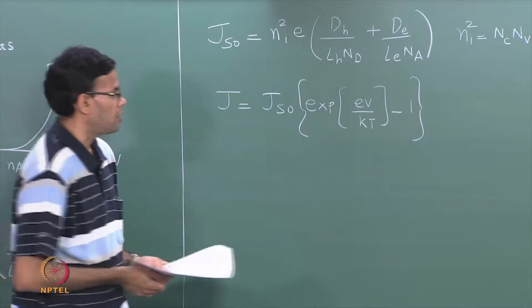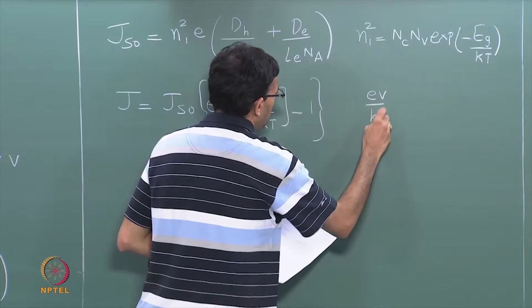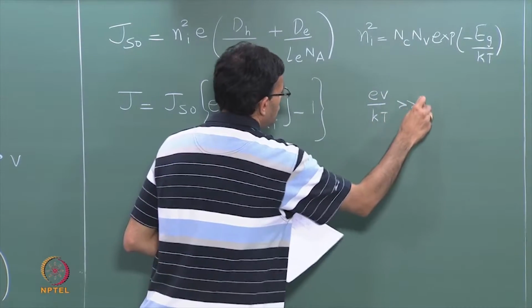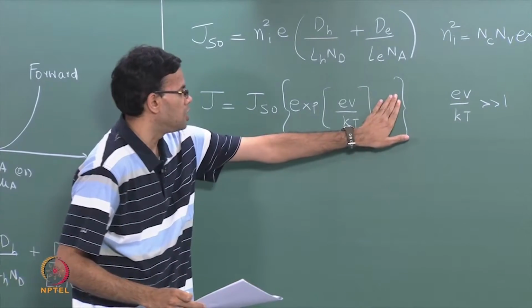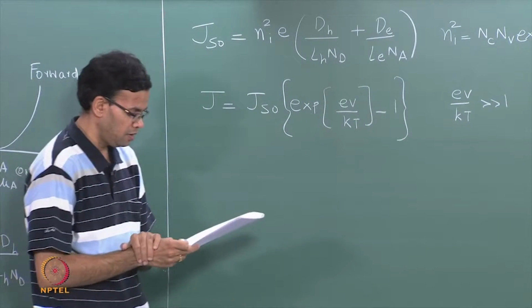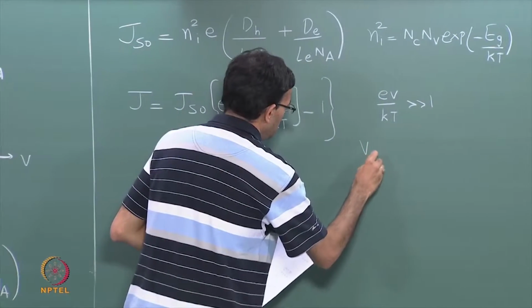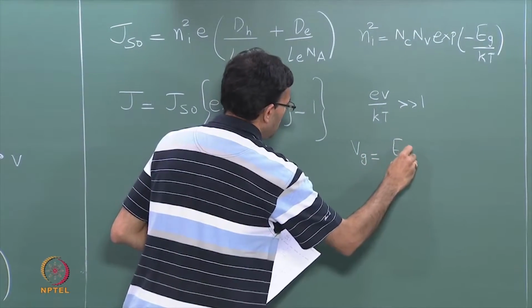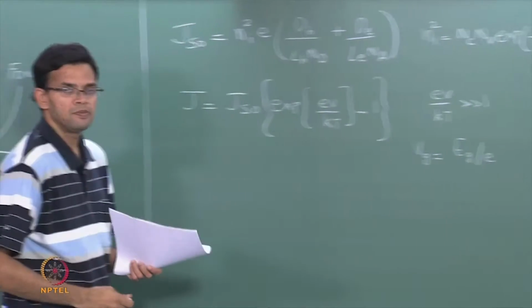Just for the sake of argument, and we will find out that it is true, eV over kT is usually much greater than 1, so that I can ignore this term, the minus 1 here. I am also going to introduce another term Vg, which is nothing but the band gap divided by e.